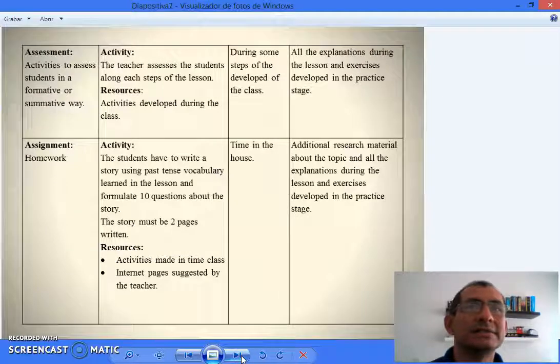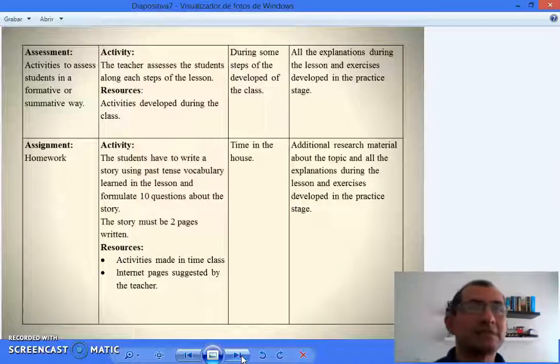Okay, let's see the assessment stage. The activity: the teacher assesses the students along each step of the lesson, in different manners. Okay, the resource is the activity developed during the class.